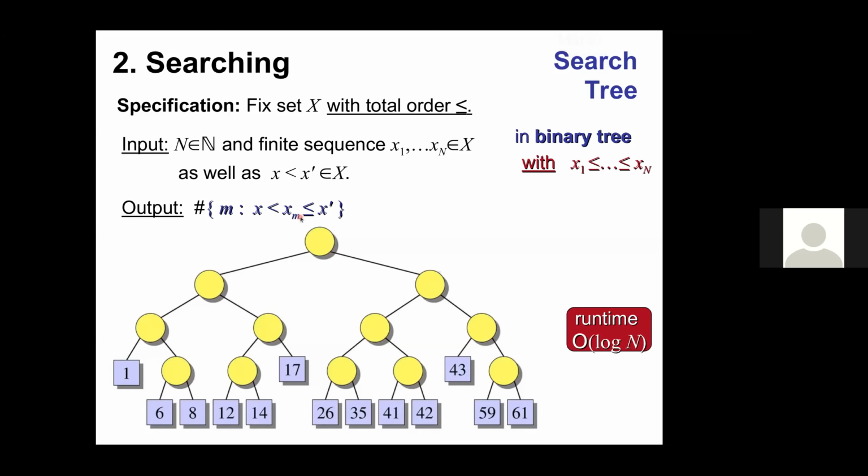The idea of this search tree is that instead of storing my elements in an array, from 1 to n, I use a binary tree, where a binary tree means there is a parent node, which is drawn here, and every node is either a leaf which contains an element of this sequence, or it has two nodes, left and right, which go down.